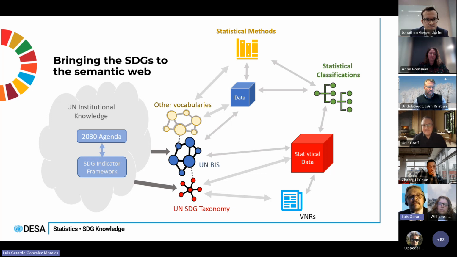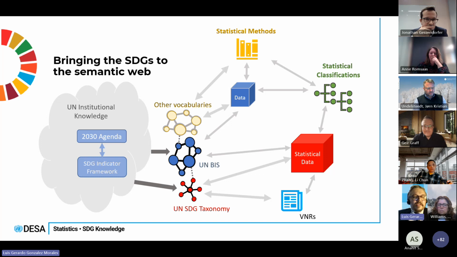So in a schematic way, what this is about is to make all this institutional knowledge that is available across the UN that has been systematized in the 2030 Agenda and other resources like the SDG Indicator Framework, linkable to data and documents and resources that are also available on the web. And this happens through a set of artifacts that have been developed over the years.